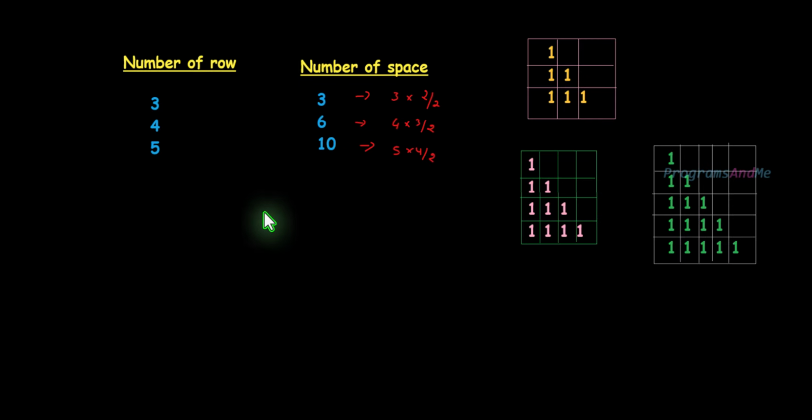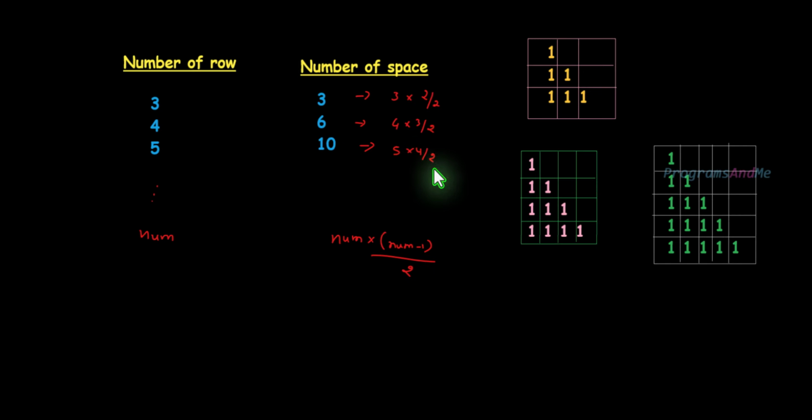Now here if number of rows is num, then I can write it as num multiply num minus 1 divided by 2. Here 2 is nothing but 3 minus 1. 3 is nothing but 4 minus 1. 4 is nothing but 5 minus 1, right?